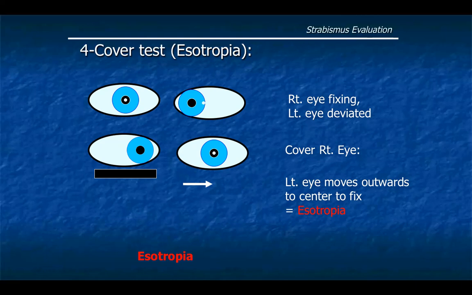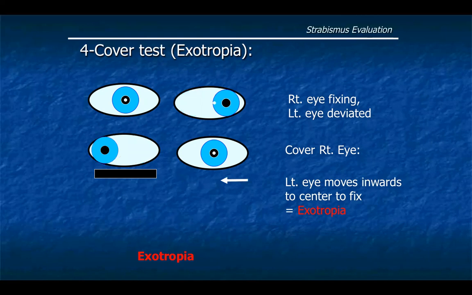This movement from nasal to temporal or from inwards to outwards means that the eye has esotropia or manifest convergent strabismus. And under the cover, the other eye has to be esotropic because it has to move in the same direction as the left eye.